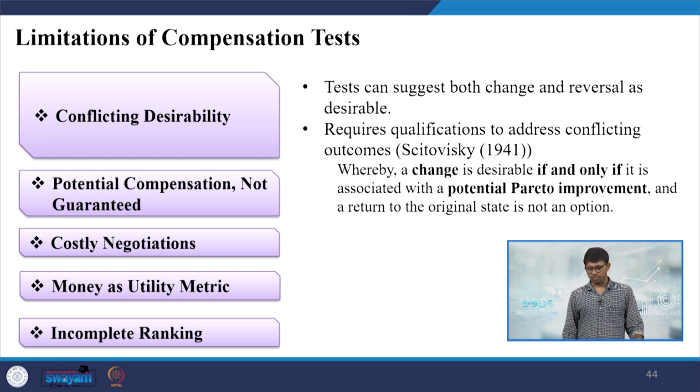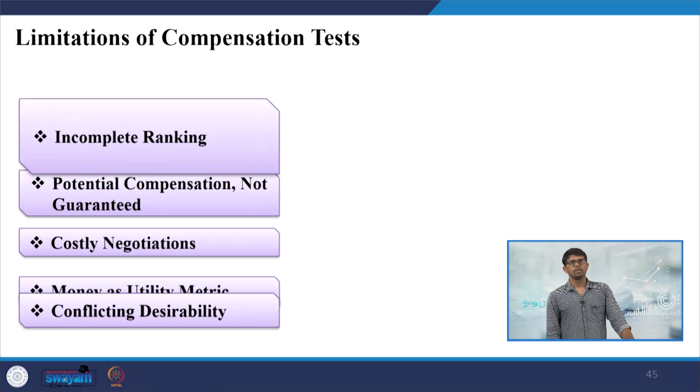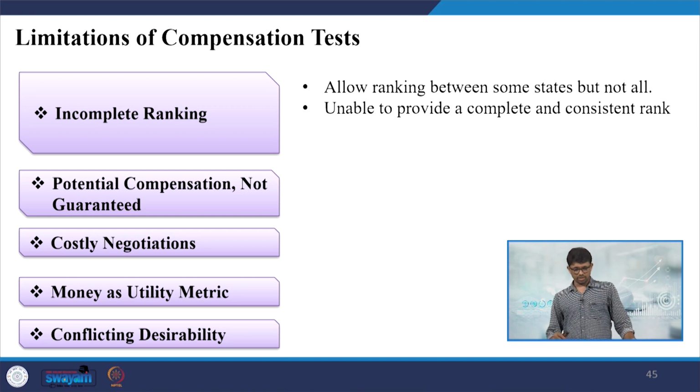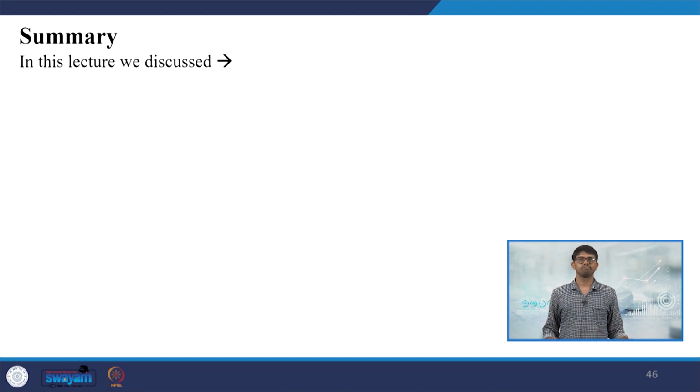This requires qualifications to address conflicting outcomes as mentioned in Scitovsky's 1941 paper, whereby a change is desirable if and only if it is associated with a potential Pareto improvement and a return to the original state is not an option. The last one is on incomplete ranking. This allows ranking between some states but not all, and is unable to provide a complete and consistent ranking.